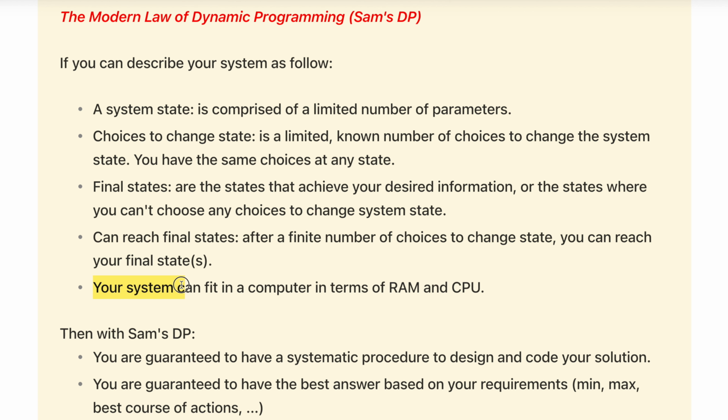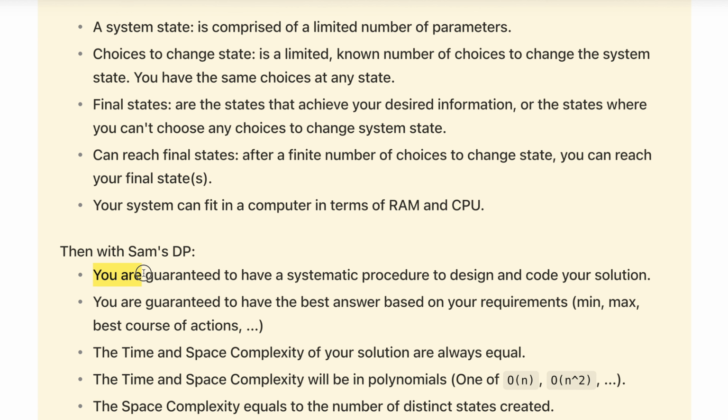And your whole system, as well as the course of running your system, can fit into a computer in terms of RAM and CPU. If you have a system like this, then the modern law of dynamic programming guarantees you that you're going to have a systematic procedure to design and code your solution. You're also guaranteed to have the best answer based on your requirement.